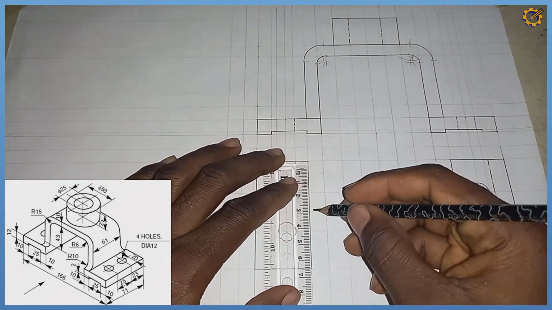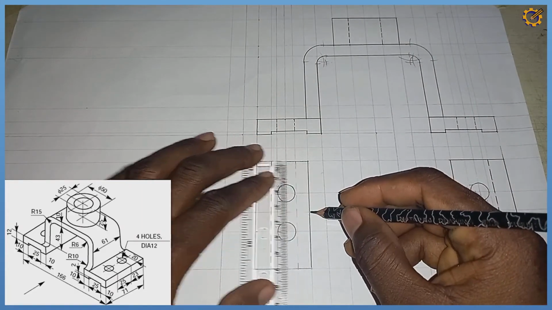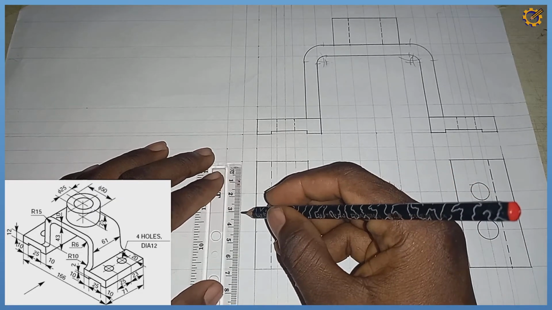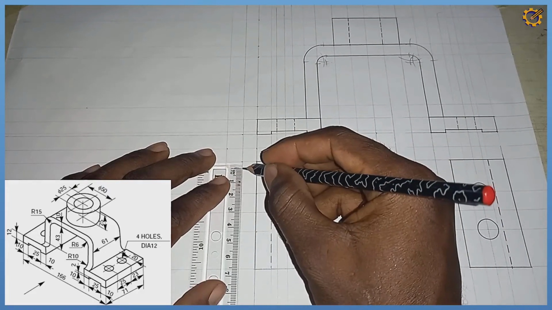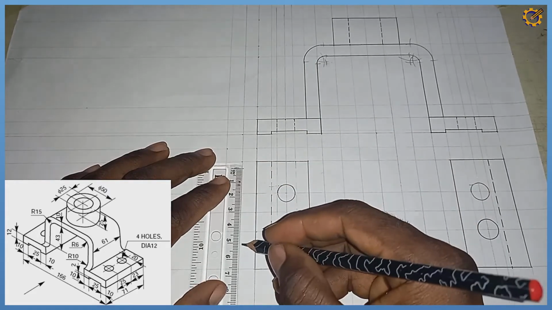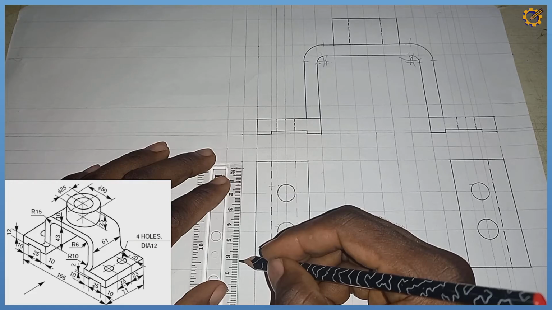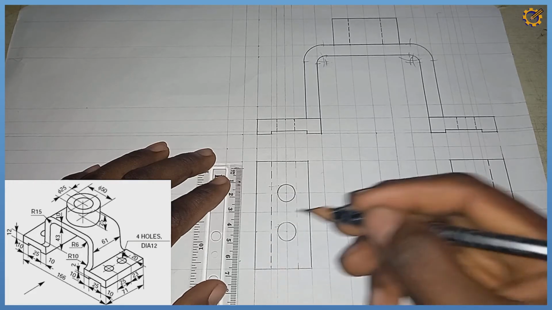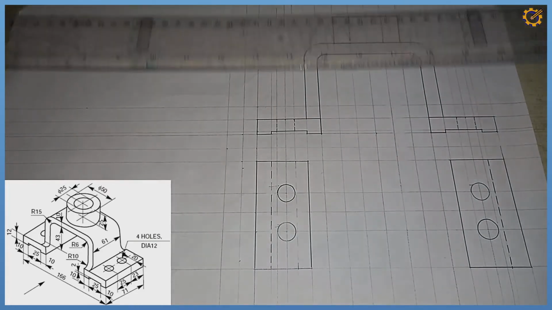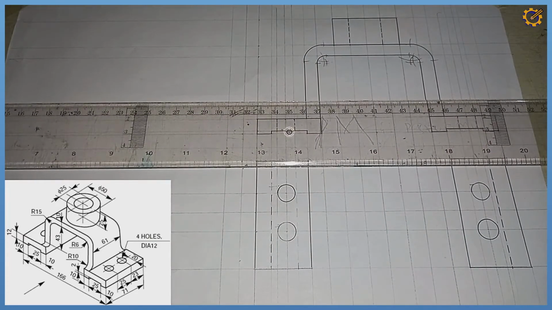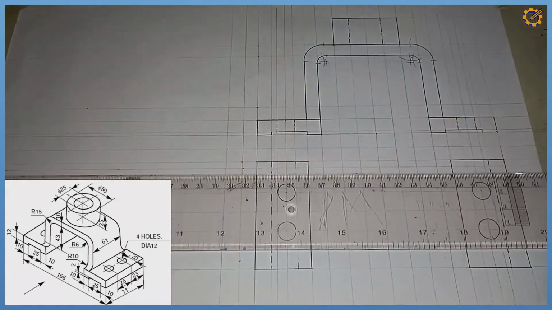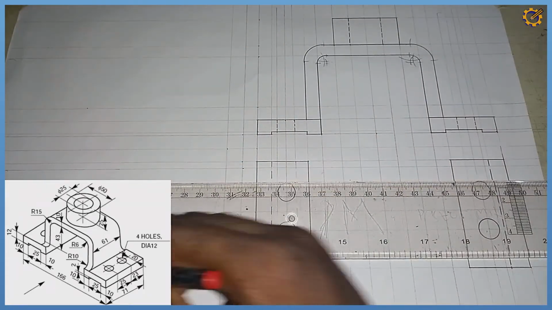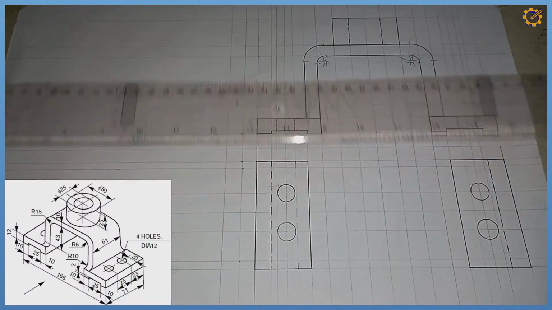So from our mid line here, I'm going to measure a mark of 30.5 towards the top right here, and 30.5 towards the bottom right here. Can you see that? Now I'm going to project those points horizontally, like this and like this.